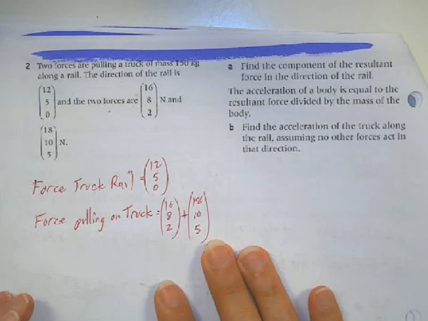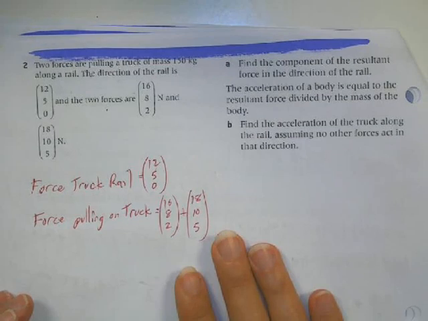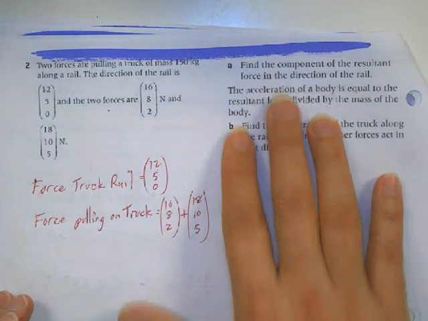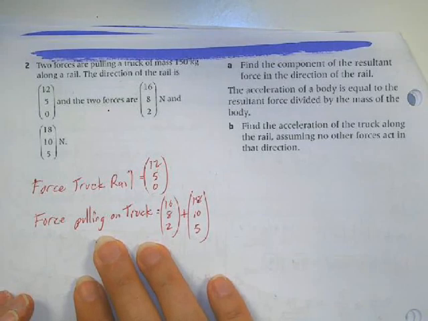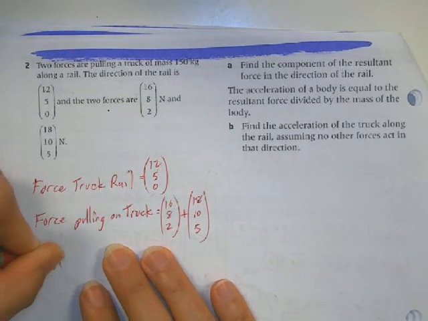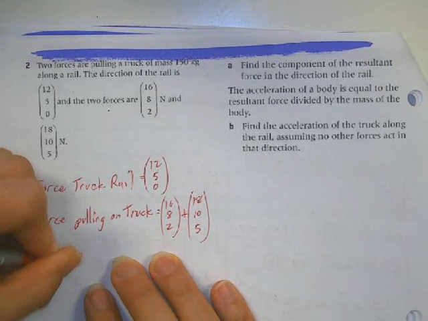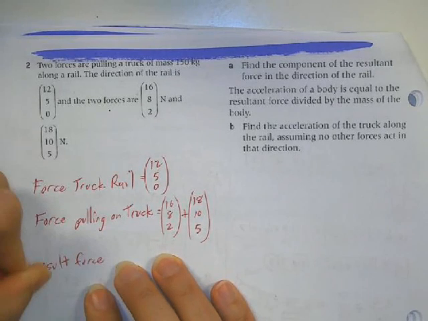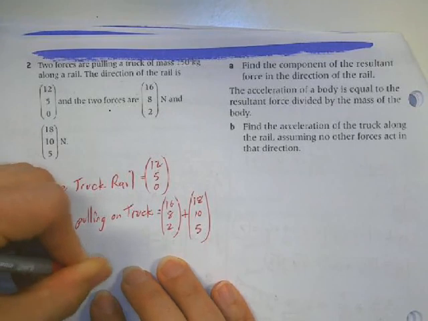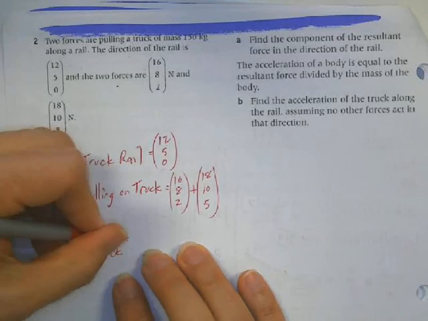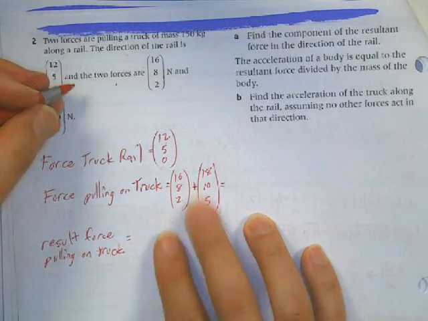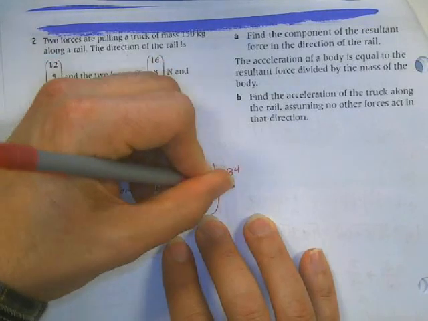Okay, so the first thing I need to do is to figure out the resultant force. So the resultant force pulling on the truck is equal to adding these together, which gives me 34, 18, 7.